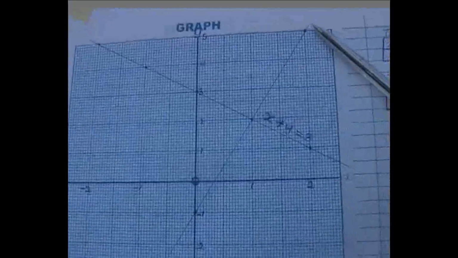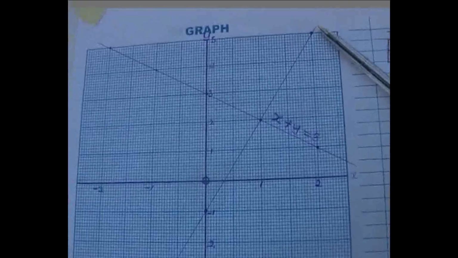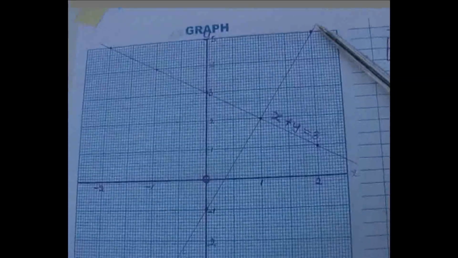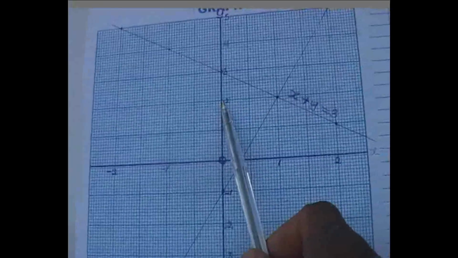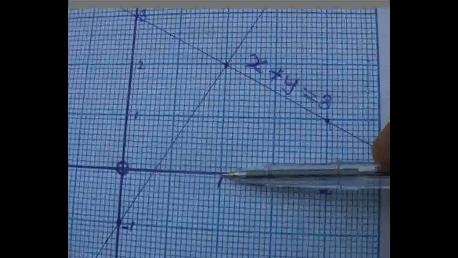Remember I told you that when you draw the two lines, they will meet at a place, and from that place you trace the horizontal value for the value of y, and the vertical value for the value of x. Now you can see that the vertical value of x meets here at 1.